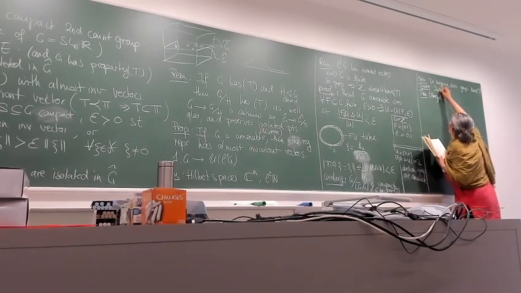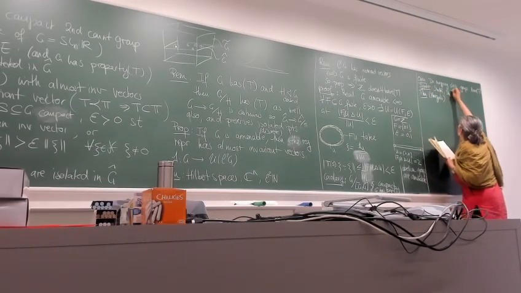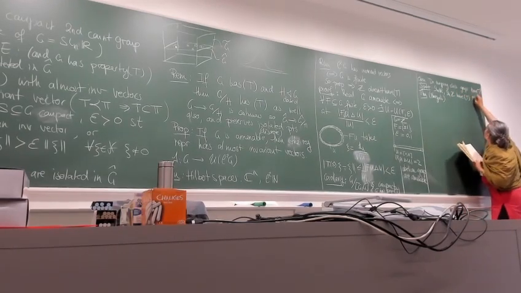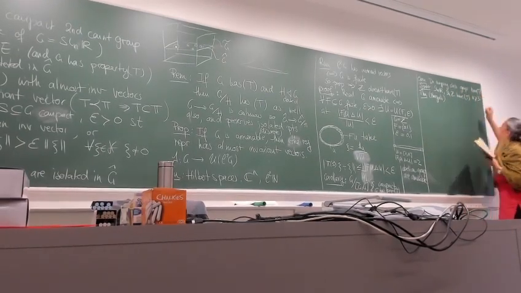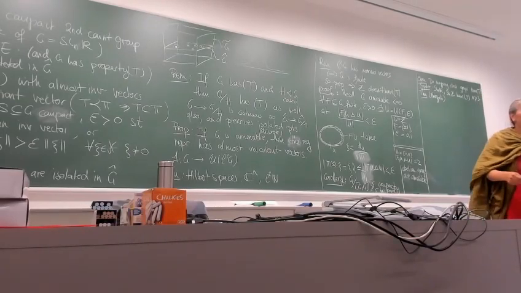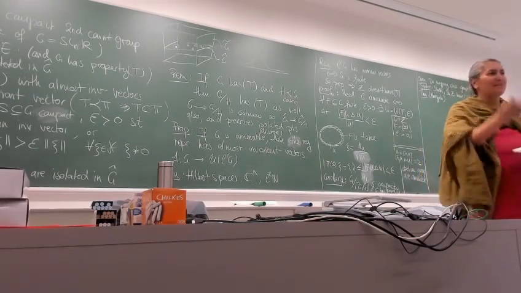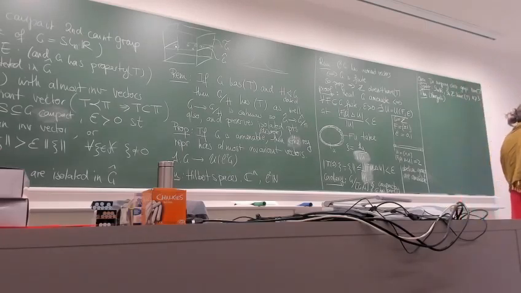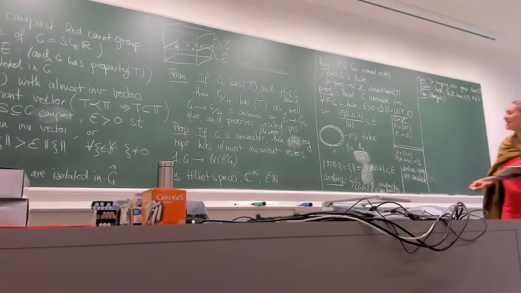SLn(R) and SLn(Z) have property T for n greater or equal to 3. So that's the spoiler for the rest of the talk, so that you don't suspect me to bother you with something that's just finite groups. I'm not discussing just finite groups right now.